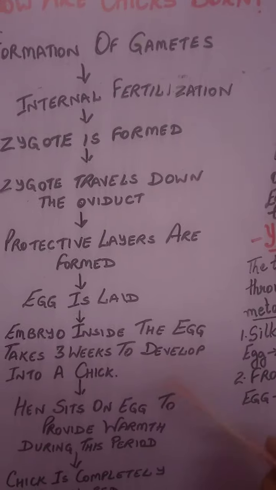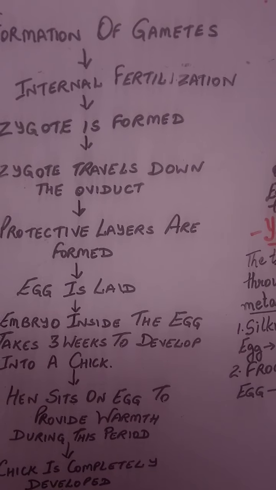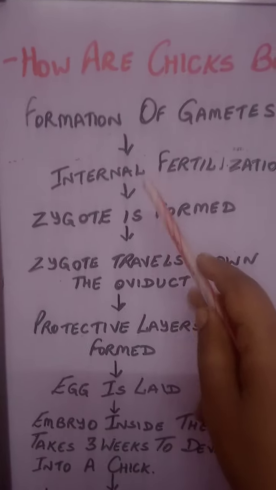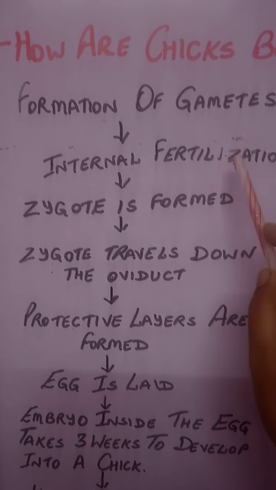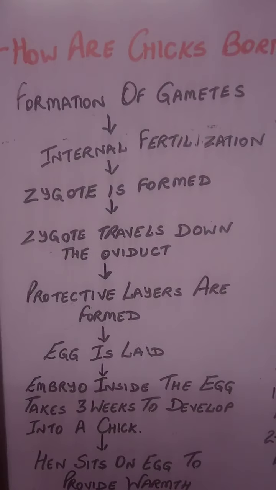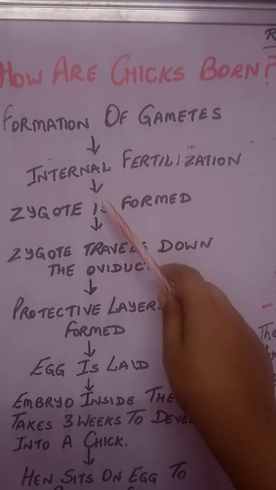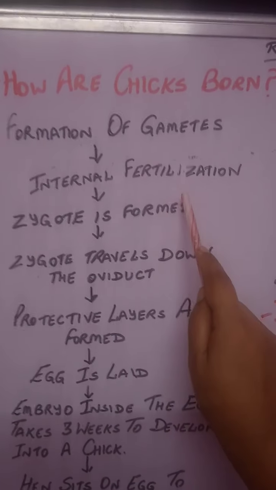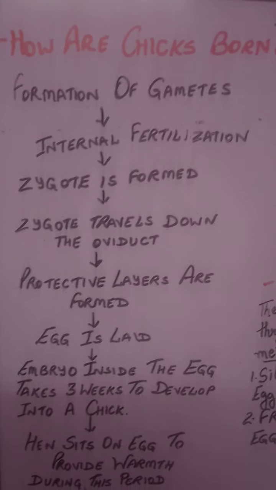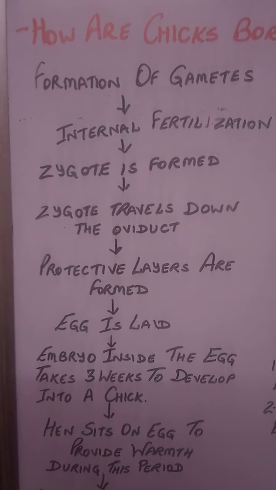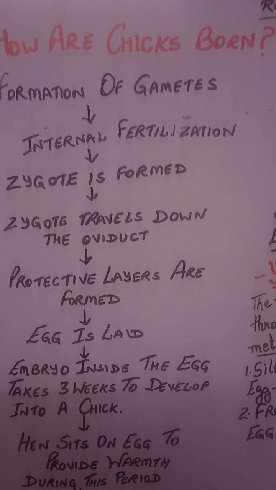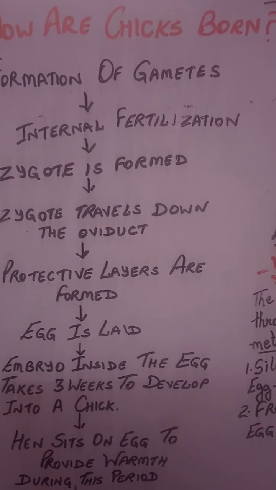So this is another way of reproduction. It is not always true that after internal fertilization a baby will be born. In some cases, after internal fertilization, eggs are laid, and after that the development of the baby takes place in that particular egg.